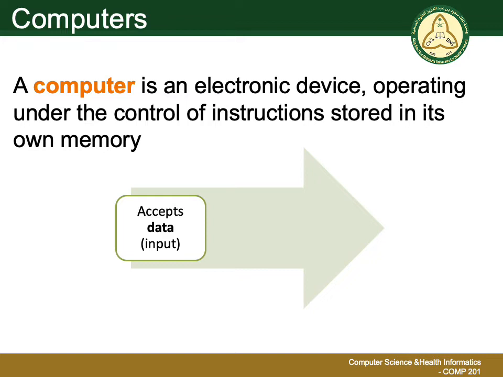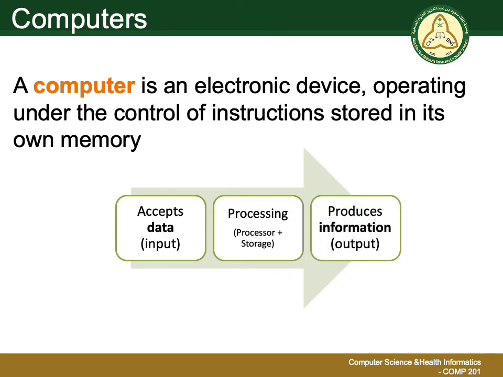So the computer accepts data input, we give it to the computer. The computer will perform some analysis, or we call it processing. Then from this processing, the computer will produce information, output. So we have data as input and we have information as output.